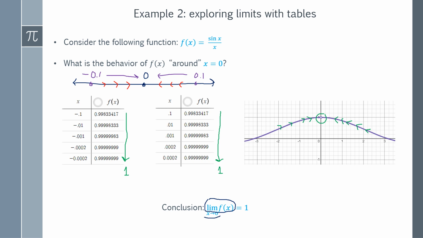When we write it like this, x goes to a very specific number, we mean that from either side, x goes to 0, we have the same behavior. We're going to 1. So that is the formal notation to represent the behavior of this function around a particular point x. In this case, x is equal to 0.